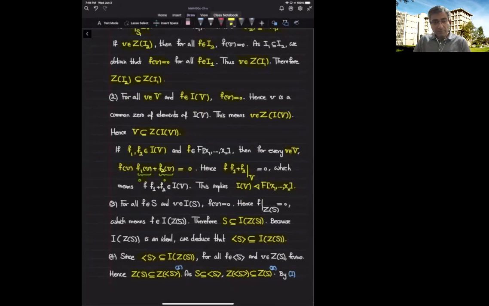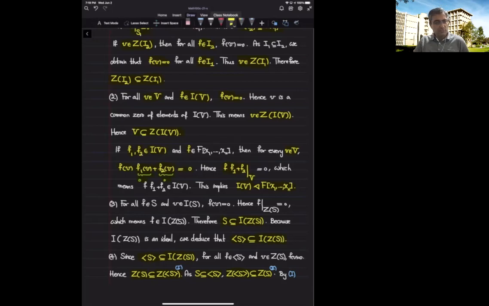So why is it not empty? It's because the constant polynomial 0 is there. Now, let's see why we have the property that F times F1 plus F2 is also inside this set, assuming that F1 and F2 are in this set.